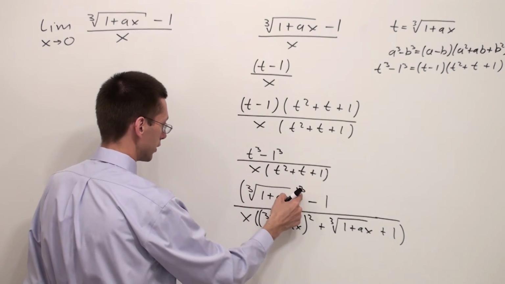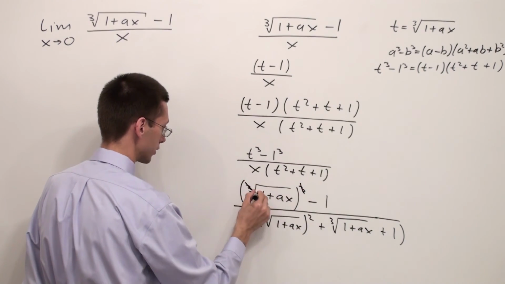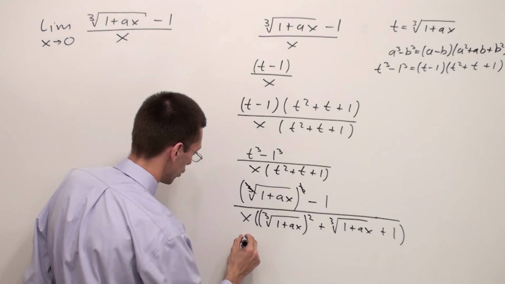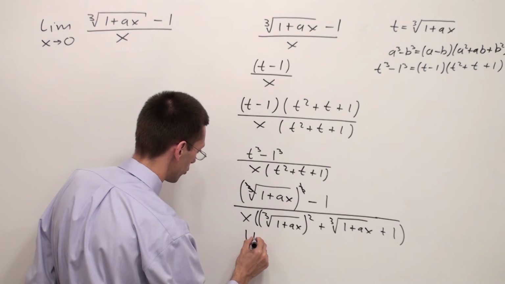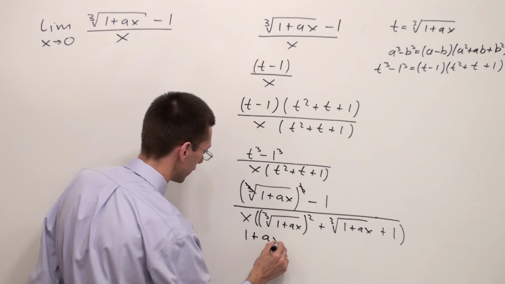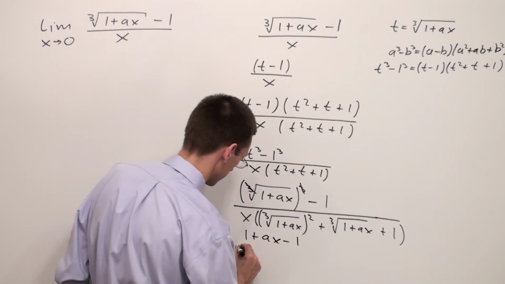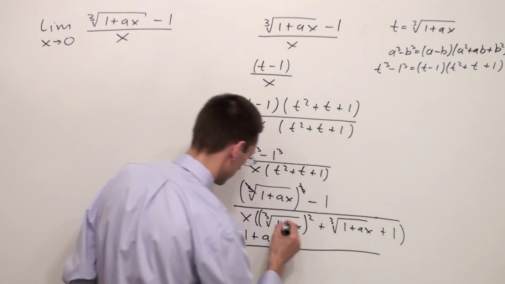The cube root and cube are going to cancel out, and we will end up with 1 plus ax minus 1 over the denominator.